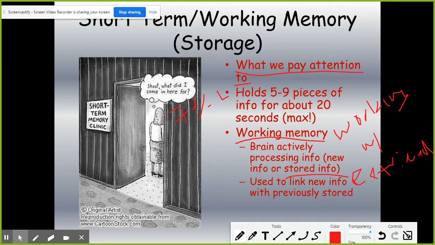For some things, like letters, it's a little bit longer than for numbers, but about 12 to 20 seconds. That's why those of you who take notes by trying to write down every single word, that's not a good way. You're overloading your short-term memory, and you're probably going too slow to keep up with what's being said.